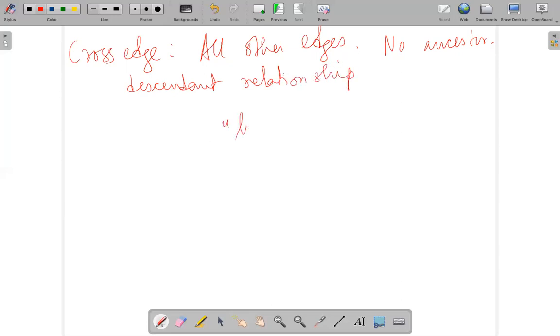They are again high to low nodes. So let us take an example and understand the different types of edges.